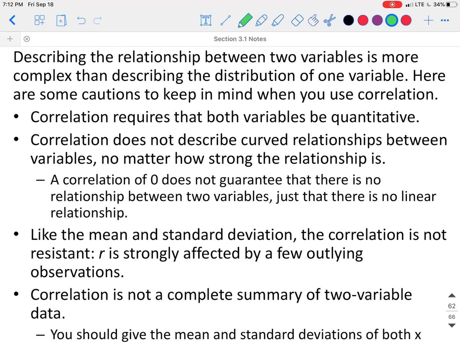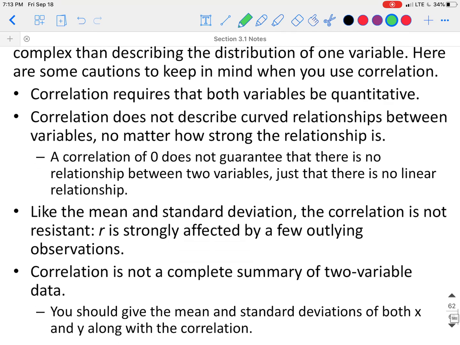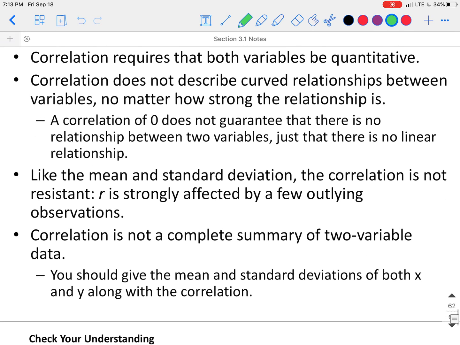A correlation of 0 does not guarantee there is no relationship between the two variables, just that there's no linear relationship. Like the mean and standard deviation, the correlation is not resistant, so R is strongly affected by any outliers that you have in your observations.